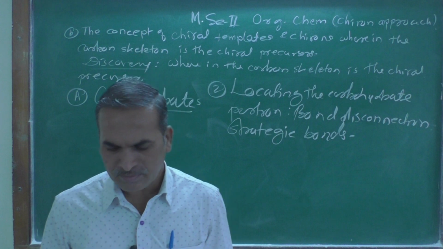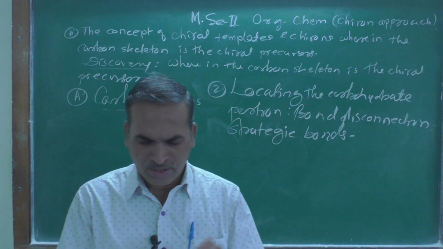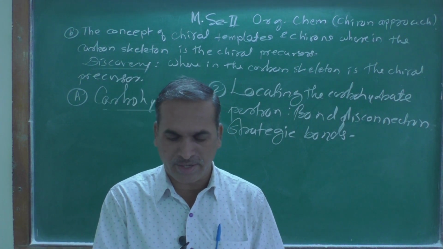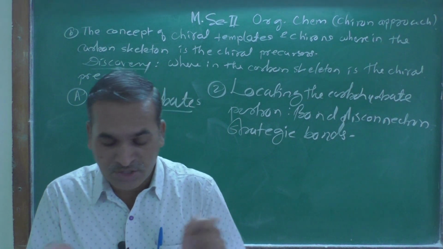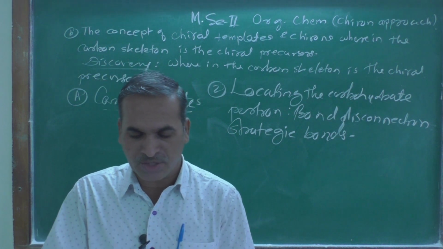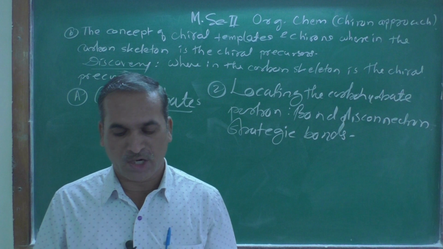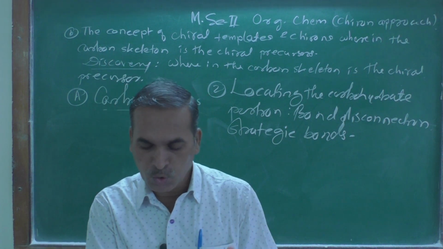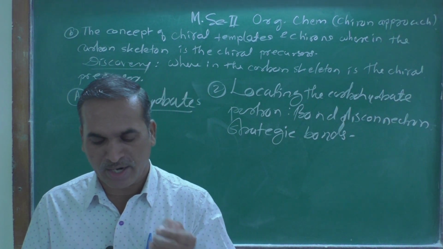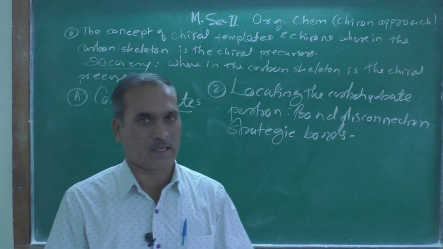And for a given target in which the carbohydrate type of symmetry is hidden or partially hidden, there may be one or more ways to disconnect the bond and derive suitable chirons.